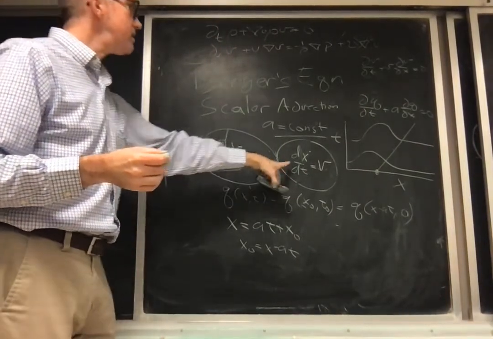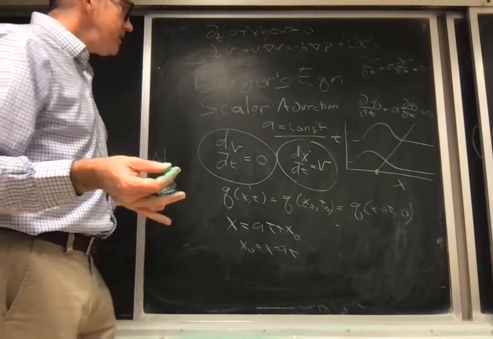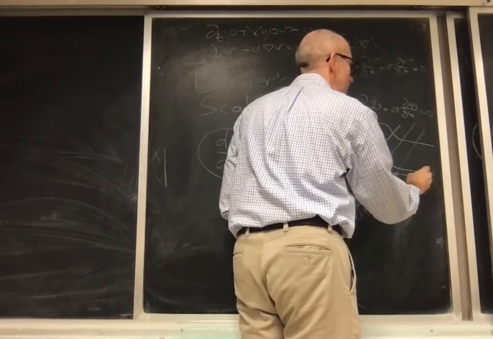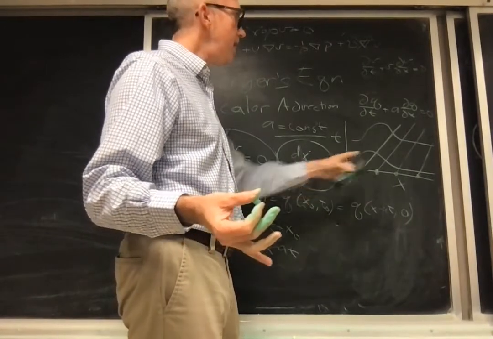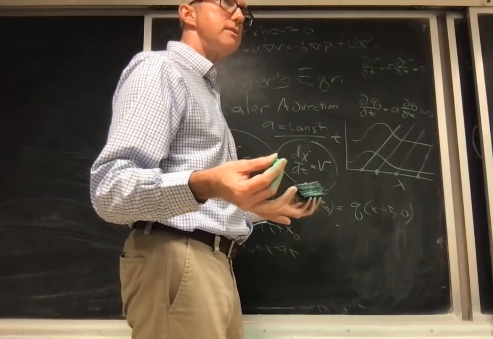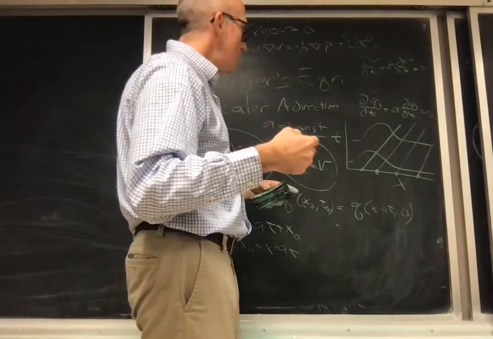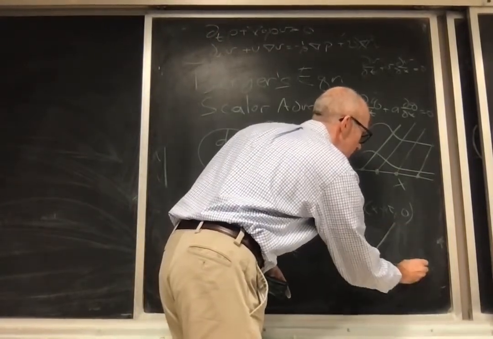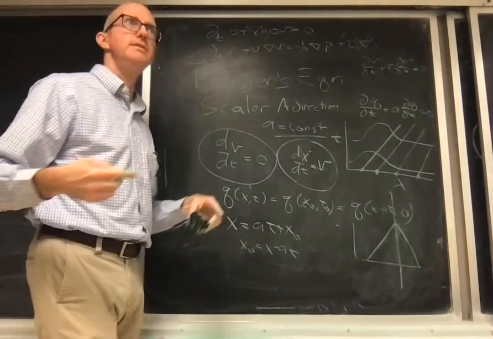So v is constant along this, but now, with scalar advection, all my lines are parallel. But now my lines don't have to be parallel. My line is going to depend on what the velocity is at that time. So now my lines can go away from each other or go towards each other. So I can have a situation where my velocity is this way over here, and this way over here, and they are moving towards each other.